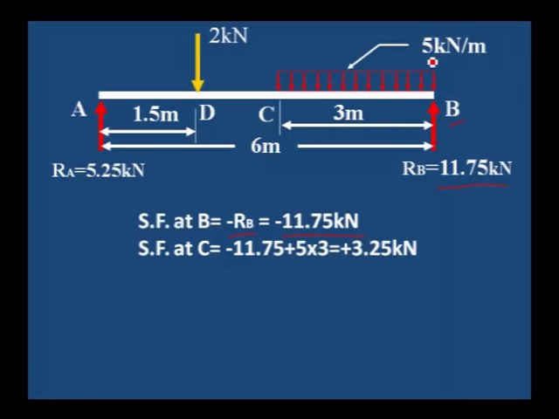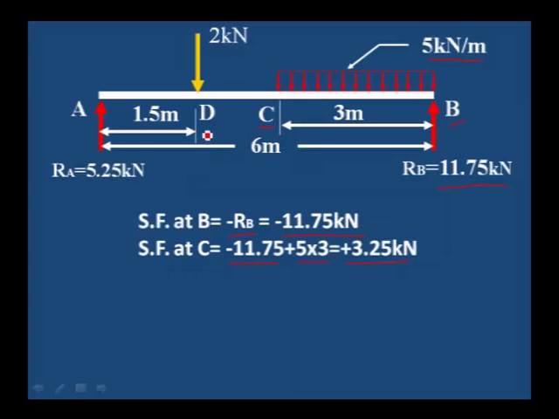One is 5 kilonewton per meter, the uniformly distributed load, and one more is the RB value. First we will take the previous value, that is RB value as minus 11.75 plus the uniformly distributed load, 5 kilonewton per meter into 3, 15 kilonewton. Minus 11.75 plus 5 into 3, that is plus 3.25 kilonewton is the shear force at C.